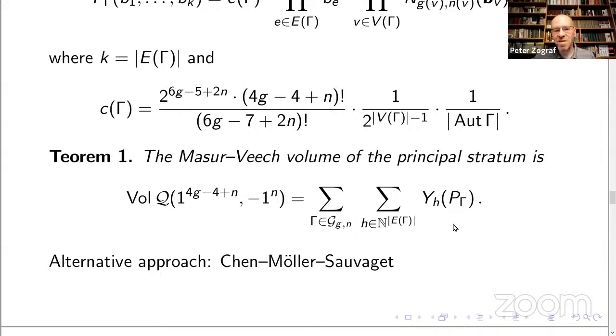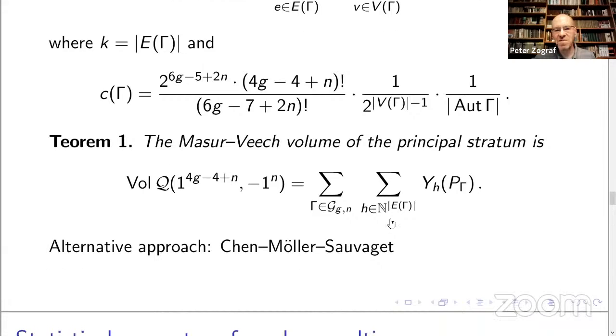There is an alternative approach to volumes of moduli spaces of quadratic differentials that is due to Chen, Möller, and Sauvaget. They derived a quite different formula for these volumes using intersection theory on the moduli space of quadratic differentials, and they express these volumes in terms of the so-called linear Hodge integrals over the moduli space of curves.